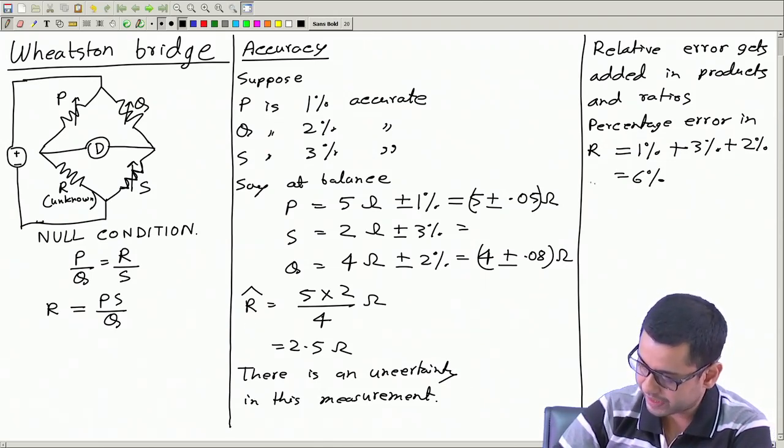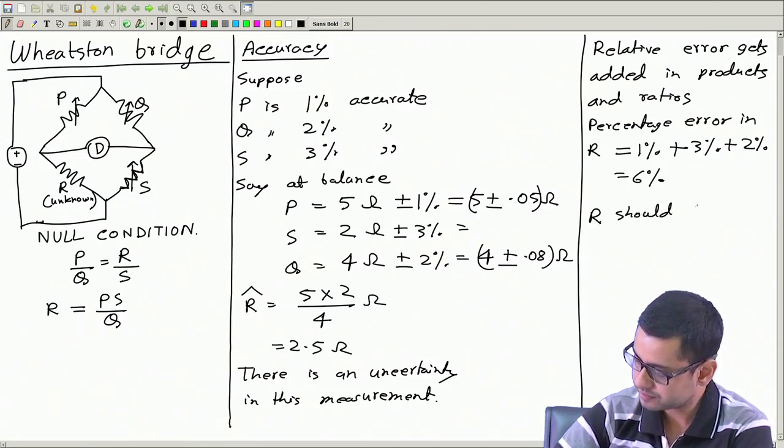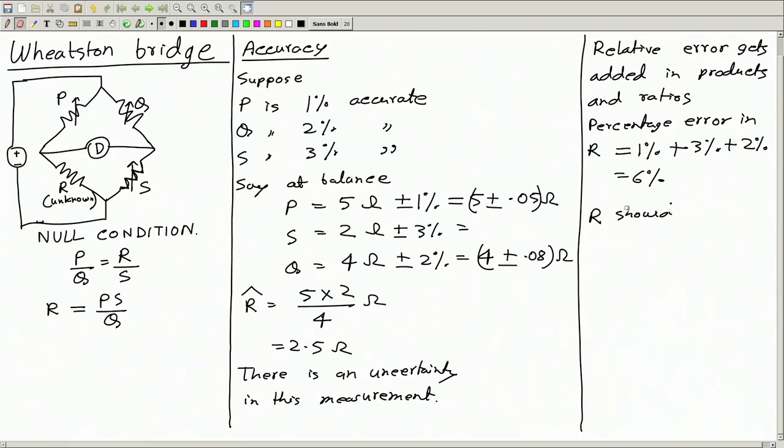That means R should lie between 2.5 ohm plus minus 6%.